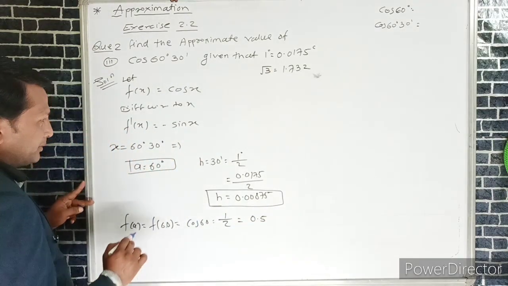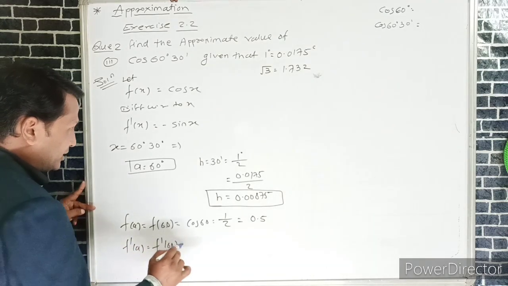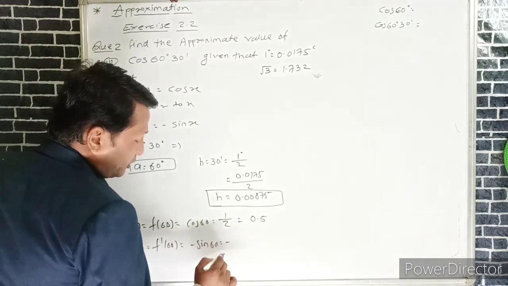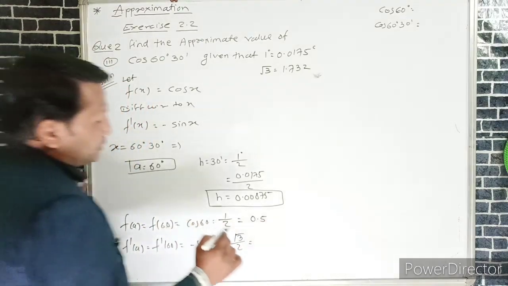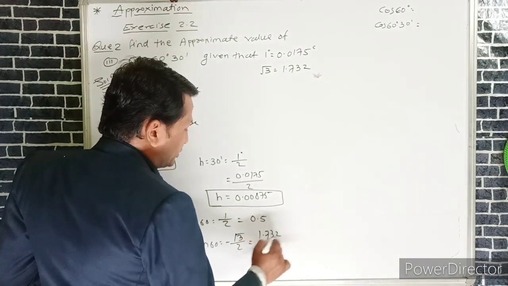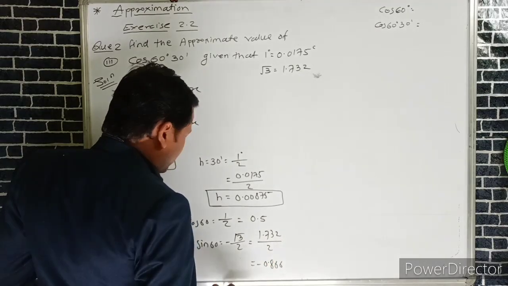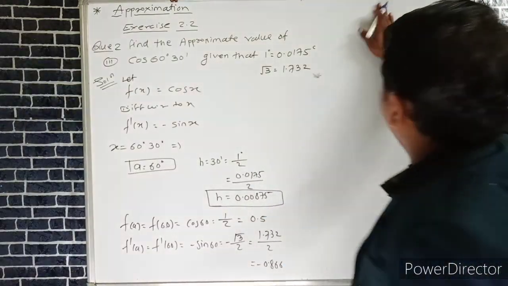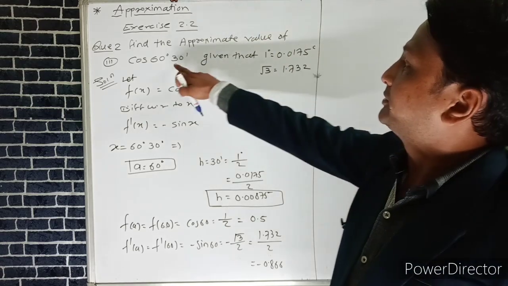Again f dash of 60 degree means minus sin of 60 degree, which is minus root 3 by 2. With root 3 as 1.732 upon 2, that is minus 0.866, the value of f dash of a.